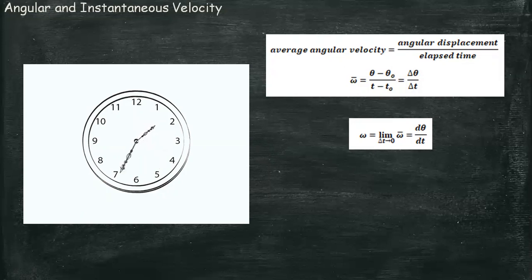Just as we measure linear instantaneous velocity, we get the instantaneous angular velocity by taking the limit of the average angular velocity as the change in time approaches zero, which gives us the derivative of angular displacement with respect to time.